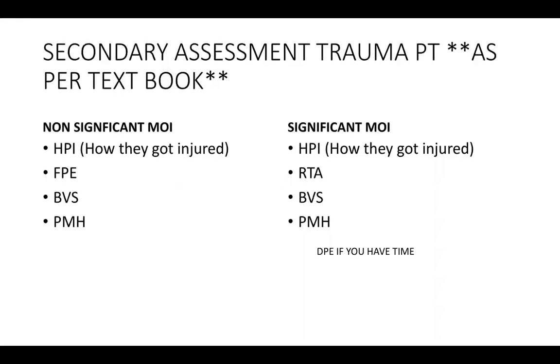Obviously, there's no need to do a rapid trauma assessment because they're showing you, my arm is hurting. Okay, I know that, but let me do a quick head-to-toe exam. That is incorrect. If a patient is telling you that something is hurting, and it's a non-significant MOI, you want to do a focused physical exam on that one.